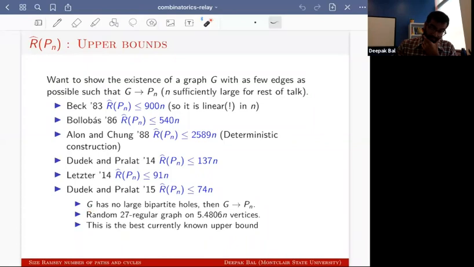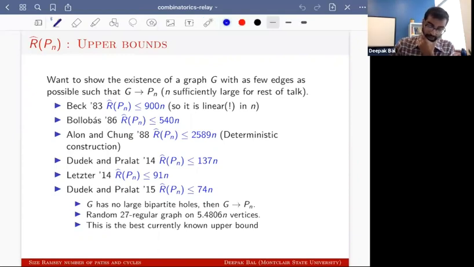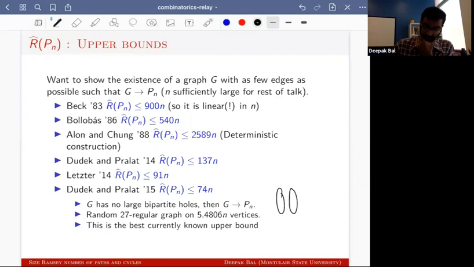Basically, they use a lemma that essentially says that if a graph has no large bipartite holes, then it arrows Pn. So what is a bipartite hole? It's two sets of vertices with no edges between them.